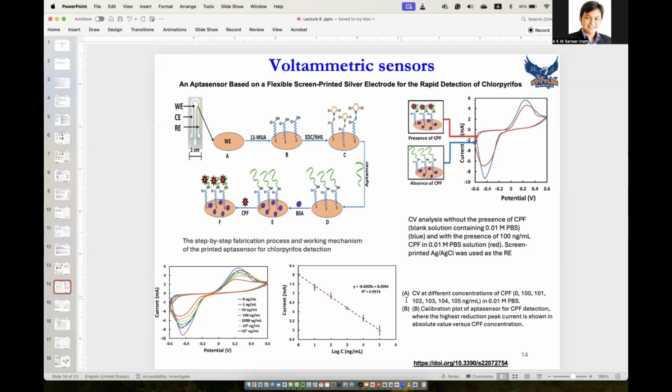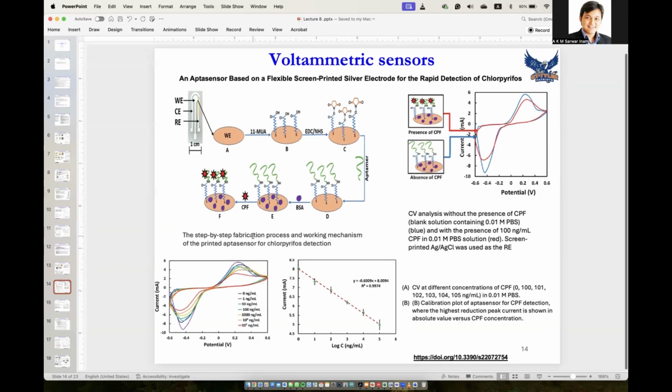So yeah, and here is the analytical performance of this sensor. Here you can see the detection range for this sensor is starting from 1 nanogram per ml till 10 to the power 5 nanogram per milliliter.